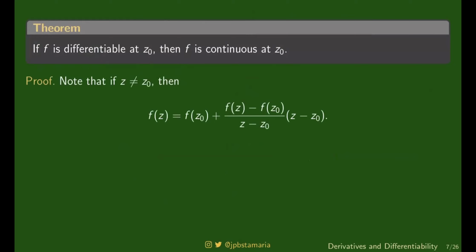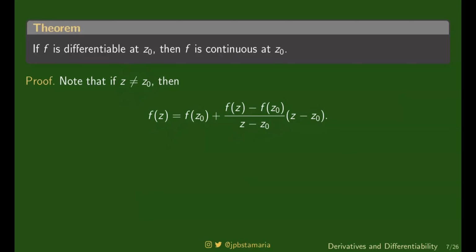Kasi if you will take any z different from z naught, I can express f of z as follows. Check nyo, no? Because z is not z naught, this is not 0, this division is allowed. Pag sinimplify mo yung right hand side, makikita nyo, magka-cancel to, may iwanan f of z. Tama ba yung equality ko? Can you check the algebra? It's correct, no?